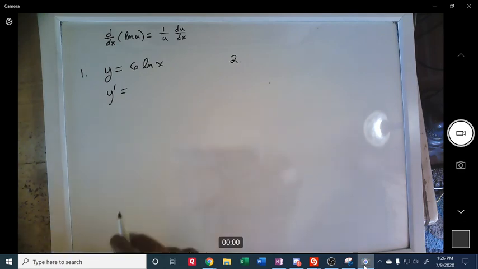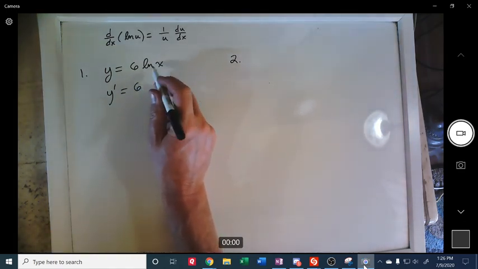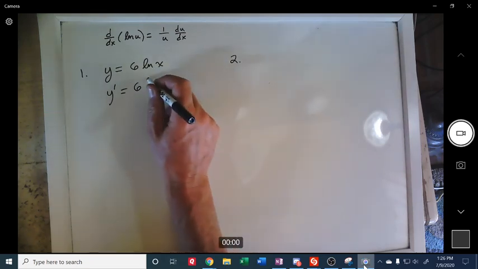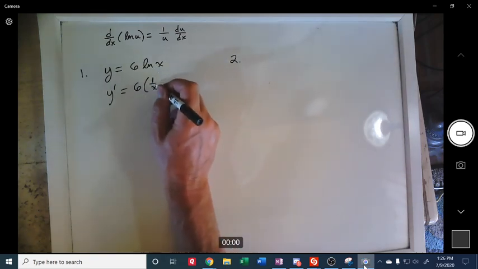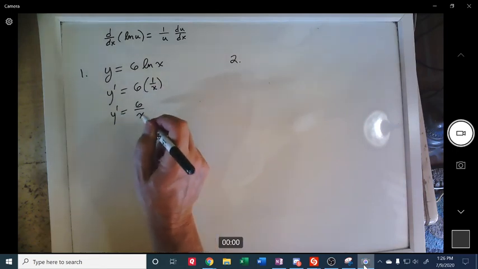All right, this one, the derivative is 6 times the derivative of ln x, but the derivative of ln x is 1 over x. So y prime is just 6 over x.